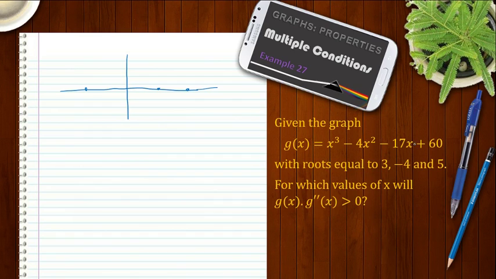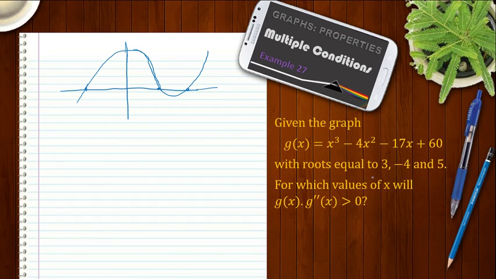It also goes through the y-intercept at 60, so it's here at the top. Then it would look something like this, because it ends positive. We see that the a value is positive, so it ends positive. It goes through 60, and it takes a turn like that. It's not very neat, but we get the idea.